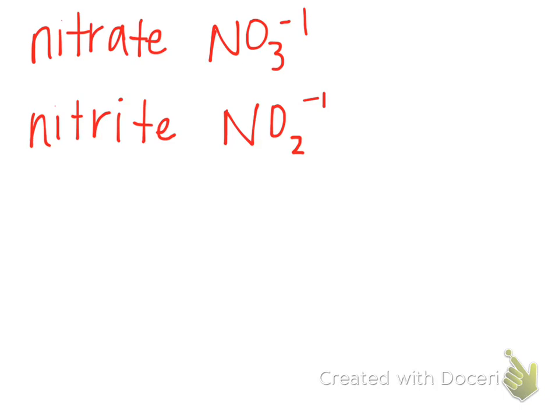NO2 minus 1. Okay, so do you see the difference between nitrate and nitrite? The only difference is that you lost 1 oxygen. So to go from an ate to an ite, all you do is subtract 1 oxygen. That's it. The charge stays the same. Everything else stays the same. But to go from ate to ite means you lose 1 oxygen.